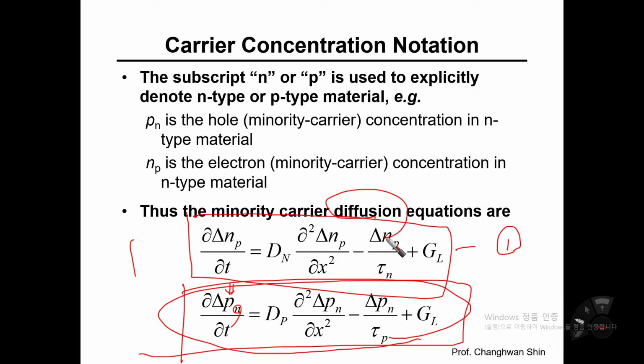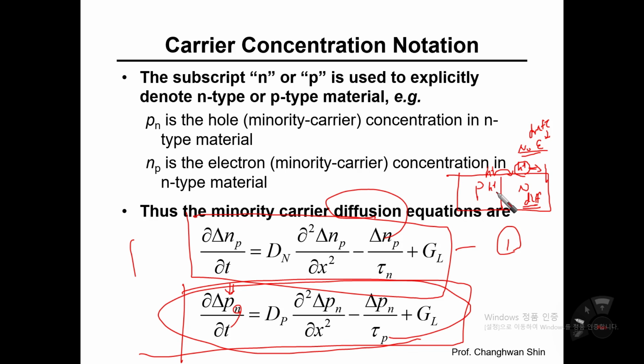Why diffusion? Yeah, go back to the PN diode again. Now the holes have been injected and are going toward the edge of the N-type material. But here, no electric field. Then what is the main mechanism for the holes' movement? Drift is not an available option because there is no electric field. So diffusion is the only option left.